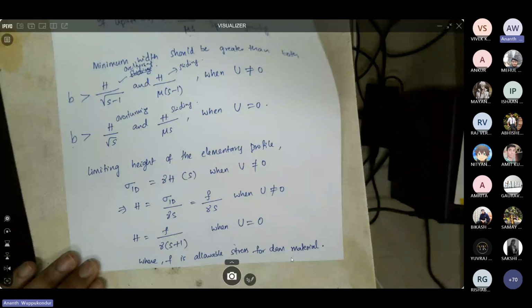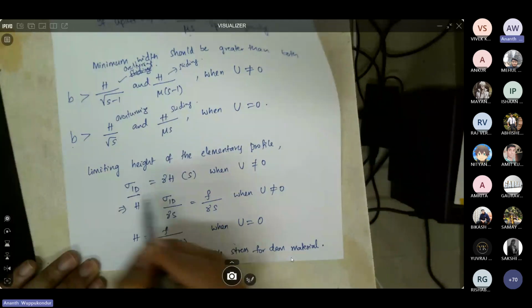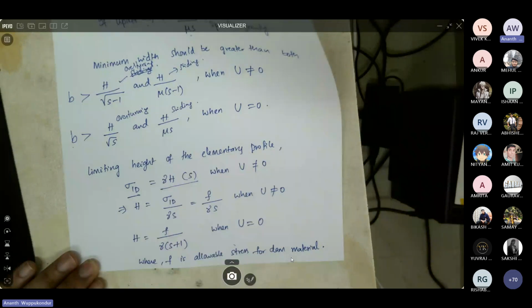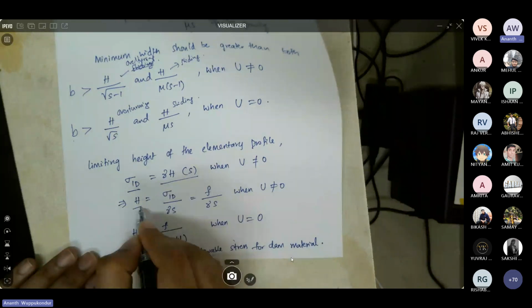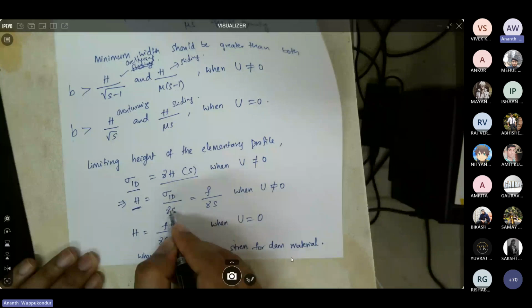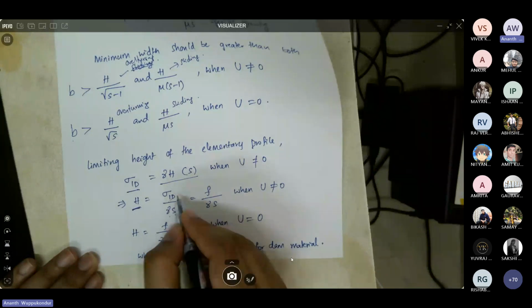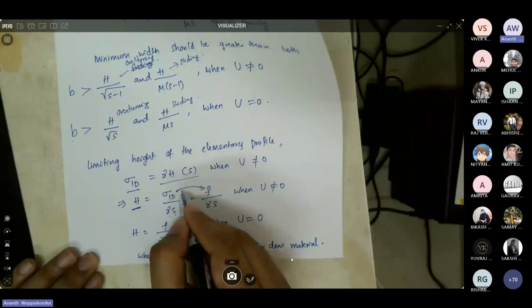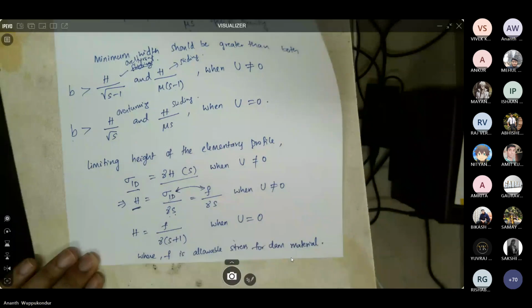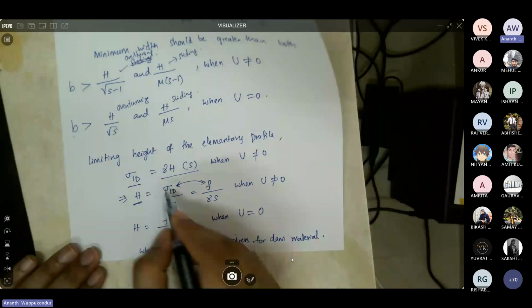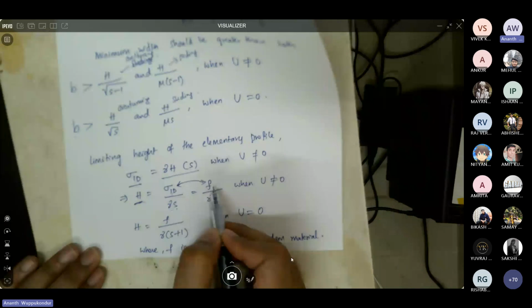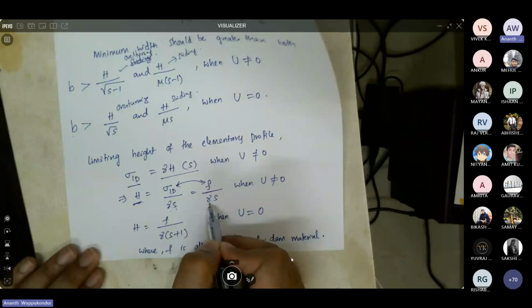So if you consider the stress, which is sigma 1d, that would be gamma h multiplied by the specific gravity. And the height of the dam would be a function of sigma 1d by gamma s. And sigma 1d should be less than or equal to F, which is the allowable stress in the material. So your H is a function of the allowable stress of the material divided by gamma S.